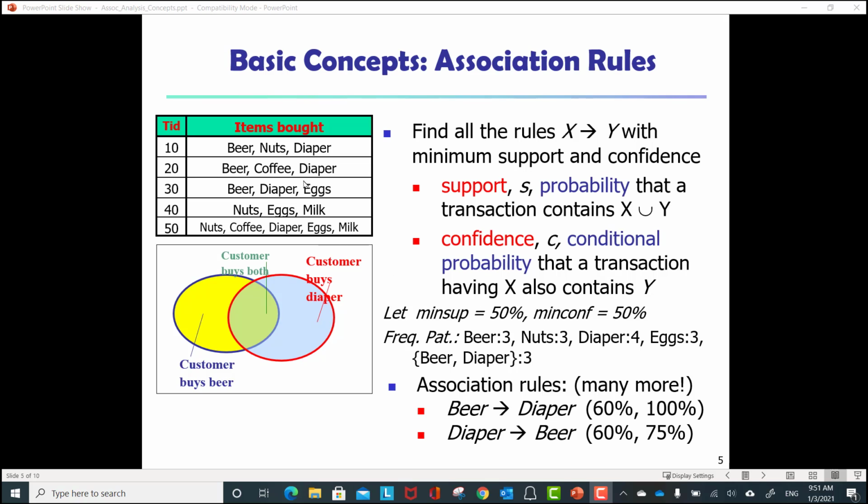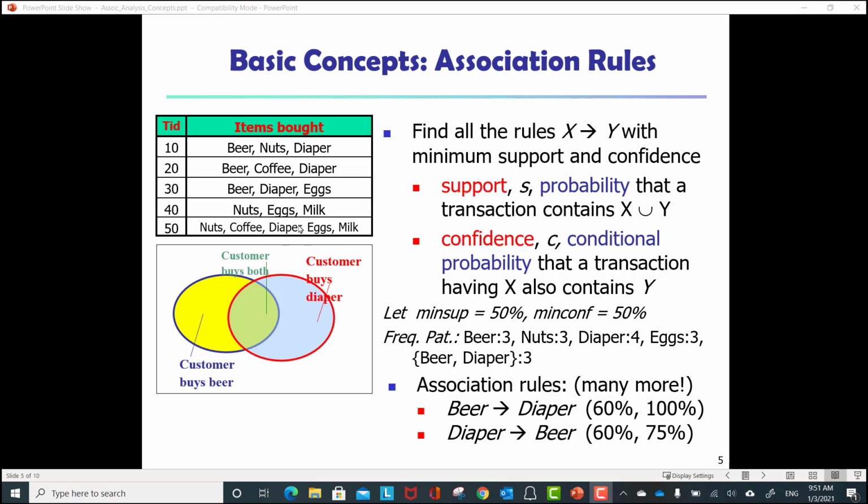How about diaper? 1, 2, 3, 4. So 4 out of 5, that's 80%. How about eggs? 1, 2, 3. So 0.6. And beer and diaper, 3.